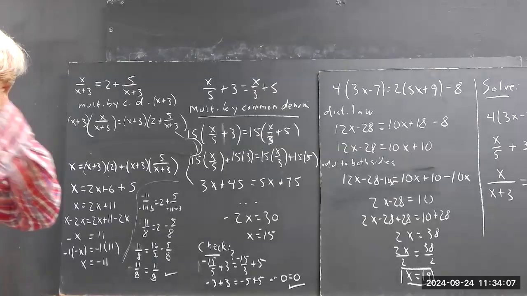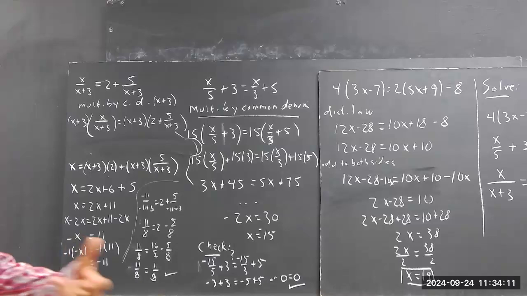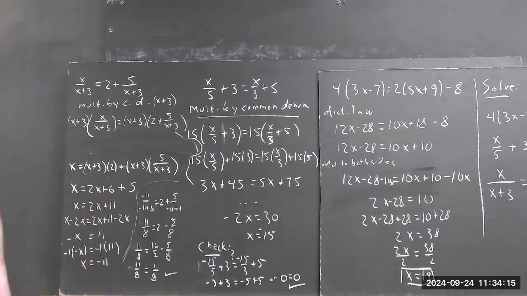And you want to check these especially, because there are a number of steps, and it's really easy to mess one up. And it's really easy to continue to do things wrong. But if you're checking as you go, you'll correct that.